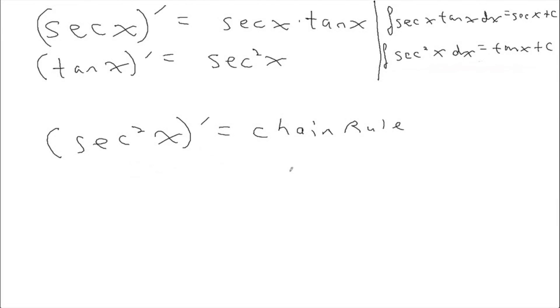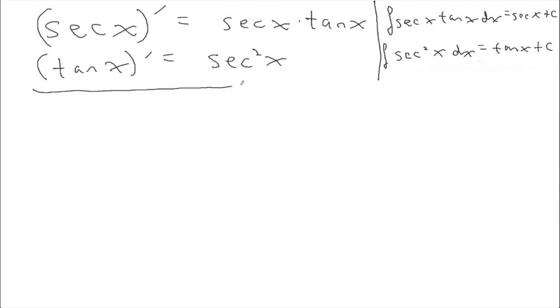So is there a simple rule for the antiderivative of secant squared x? It's tangent x. Is there a simple rule for the derivative of secant squared x? No. You'd have to use the chain rule for that. Okay. So this might be a good little thing to meditate on so that we're not getting these ideas confused with each other.